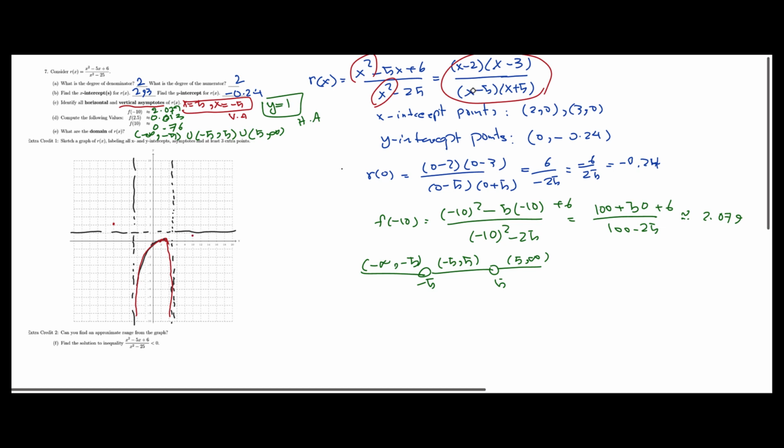I know that at x equal to 5, even though it's not in the domain, going to the right and to the left, the sign has to change because the order is odd. So the vertical asymptote should start over here. And for x equal to -5 also, the vertical asymptote should start here. And I'm going to draw like this for the horizontal asymptote.